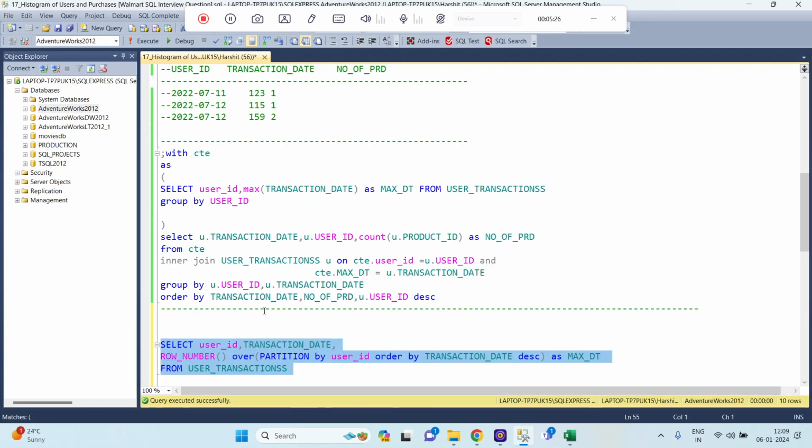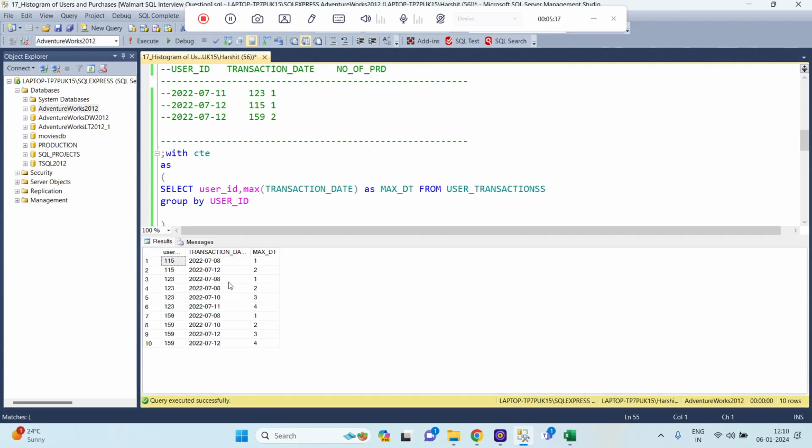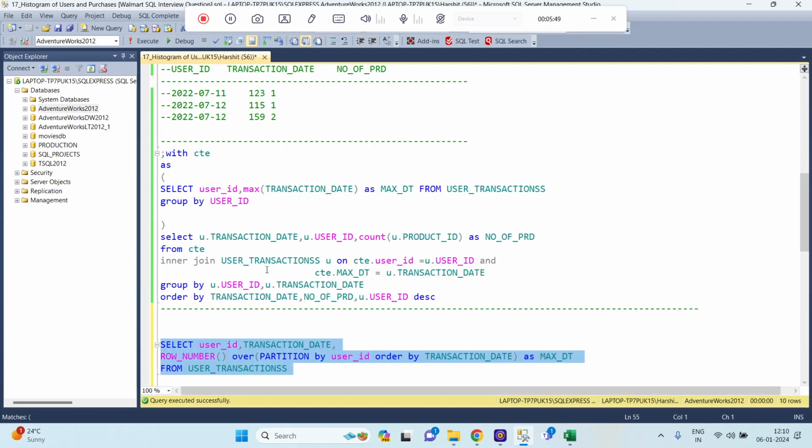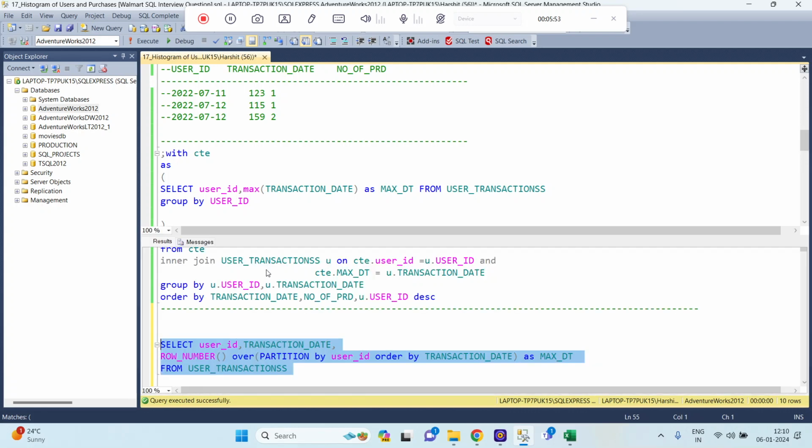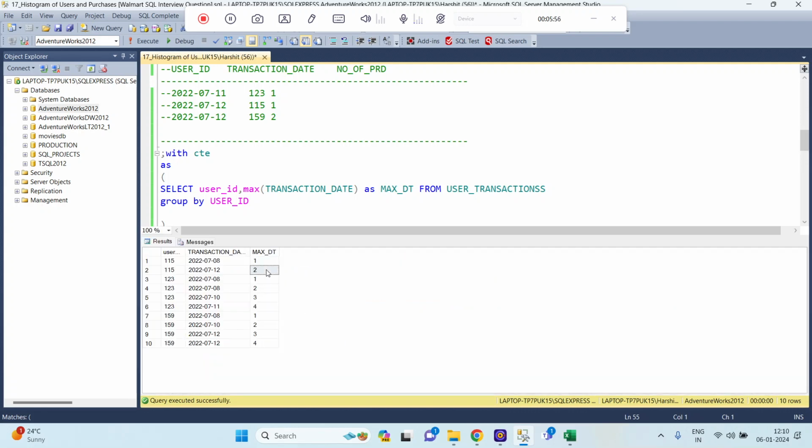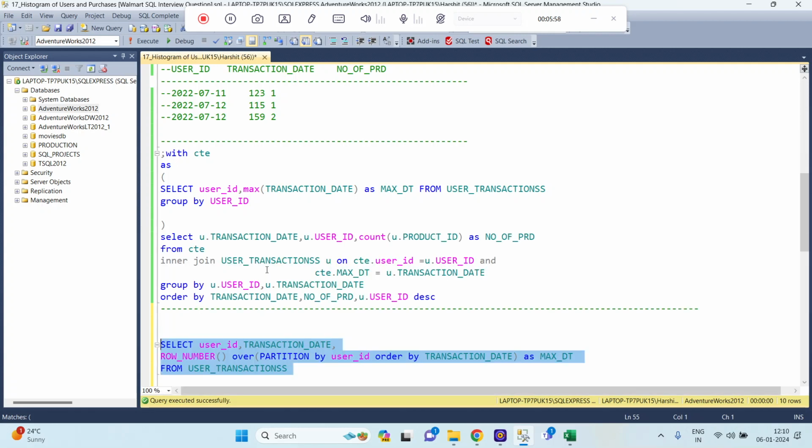Now let me try to do reverse. Okay. Now we need the maximum of transaction date over here, right?